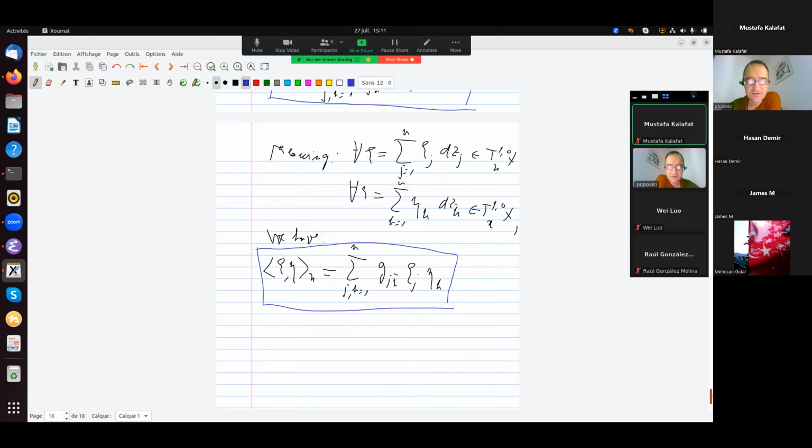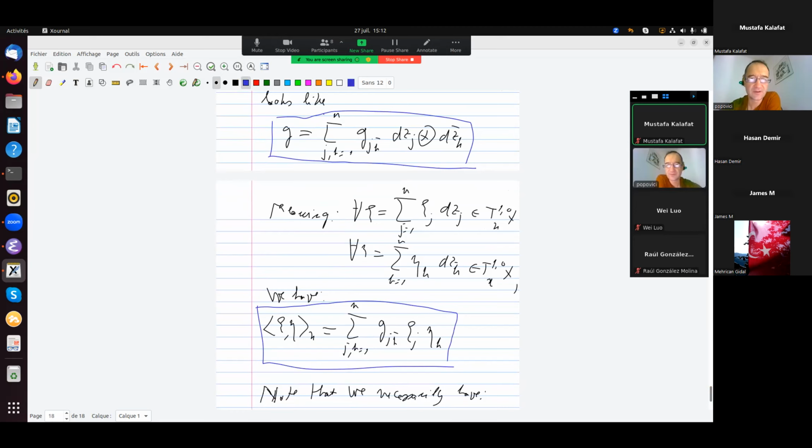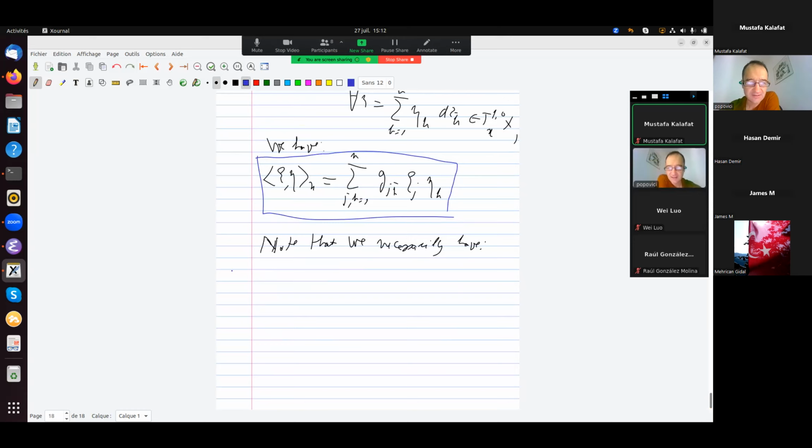And also note that we necessarily have that the coefficients g_{j\bar{k}} form a Hermitian matrix. So what does that mean? It means that if we conjugate g_{j\bar{k}}, we get the symmetric entry with respect to the diagonal, so we get g_{k\bar{j}} for every j and k.